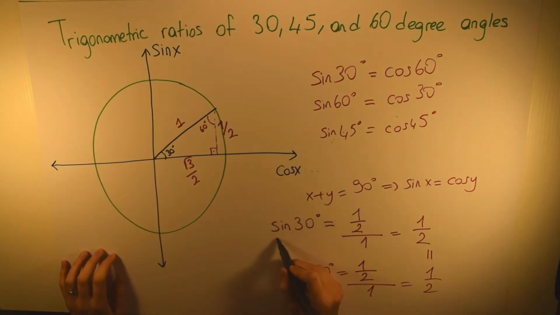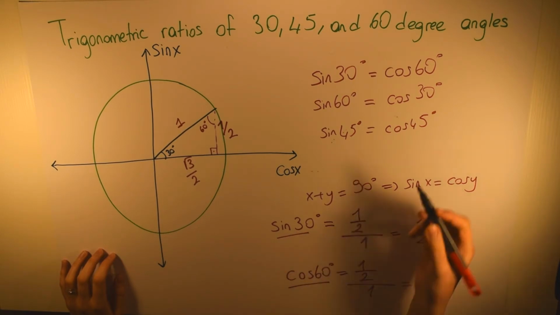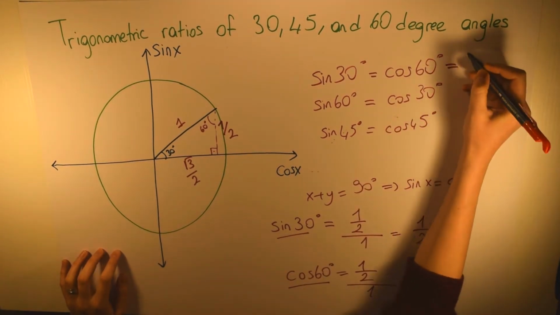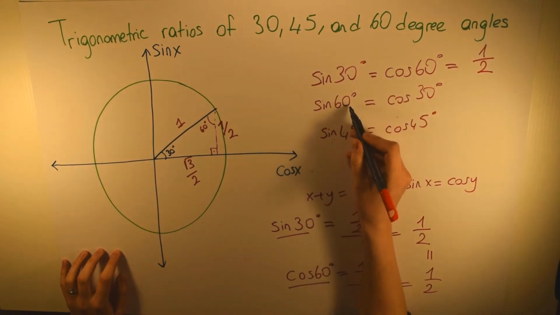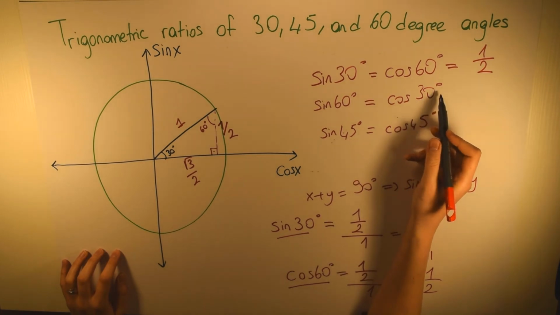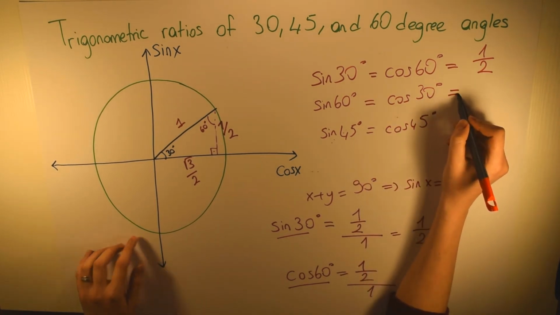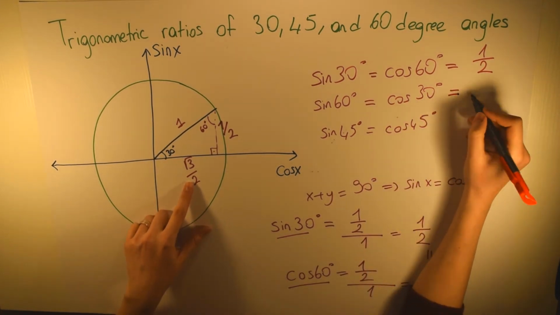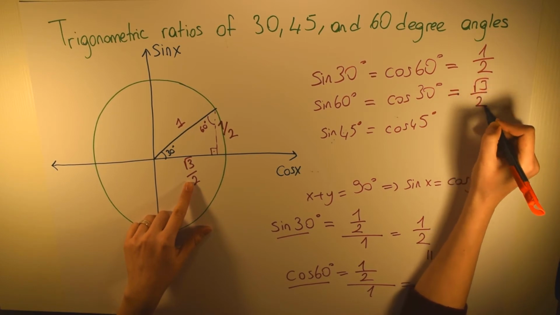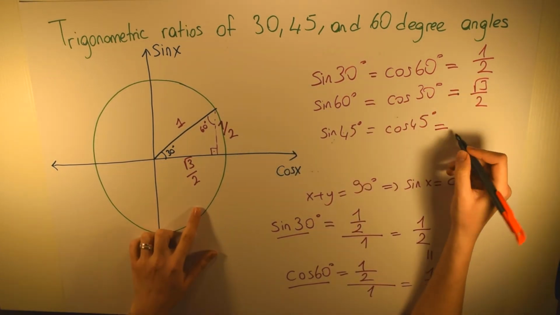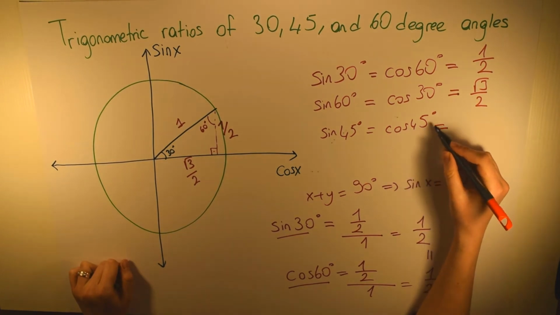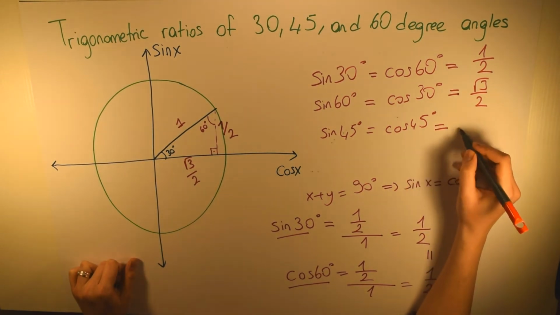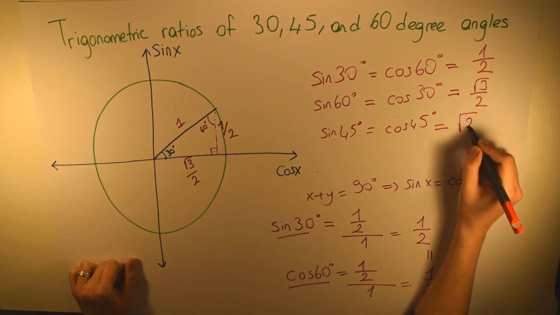So sine 30 degrees equals cosine 60 degrees, and these are all equal to 1 over 2. Sine 60 degrees equals cosine 30 degrees, which is equal to square root of 3 over 2. And for 45 degrees, sine 45 degrees is equal to cosine 45 degrees, and these are all equal to square root of 2 over 2.